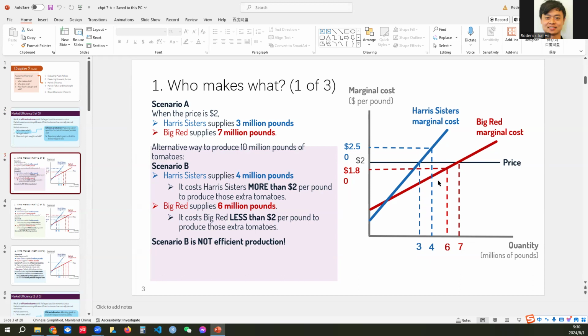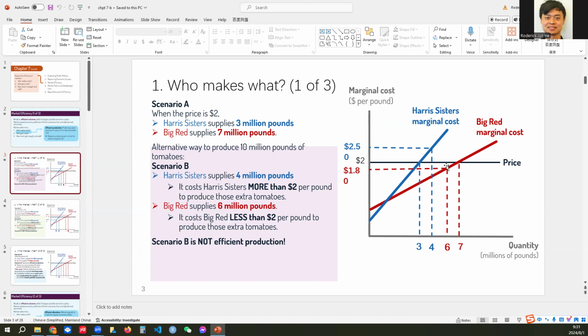And let's look at the second firm. Instead of producing 7, in which case the marginal cost will be just equal to the market price, here we asked the second firm to only produce 6. What happens? Well, yes, the marginal cost is lower than the price. So for each additional pound they produce, they can make more money.